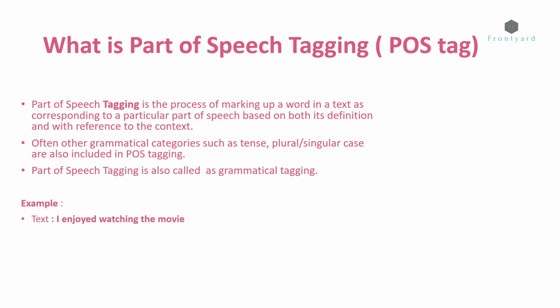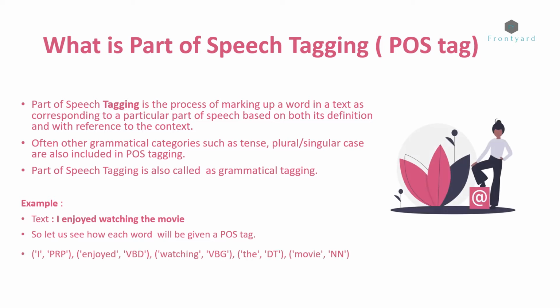Here is an example. The text says, I enjoyed watching the movie. So, let us see how each word will be given a POS tag. The word I is given PRP. In PRP, the first letter P stands for pronoun. Enjoyed and watching have the tags VBD and VBG allocated, which means that the first letter V stands for verb.